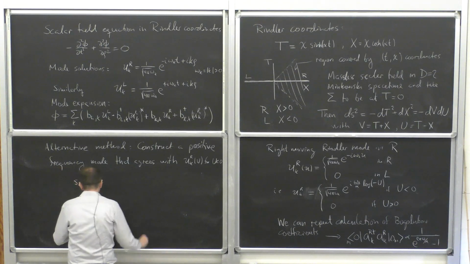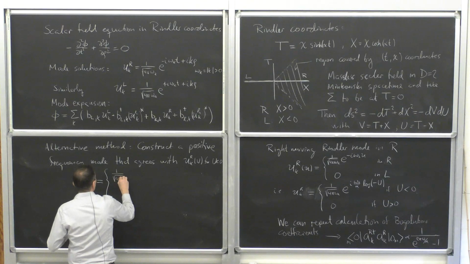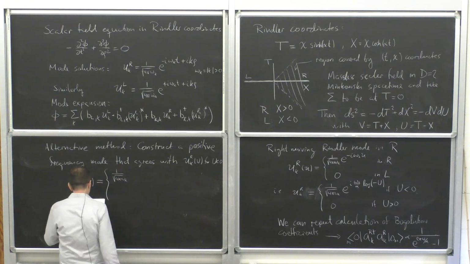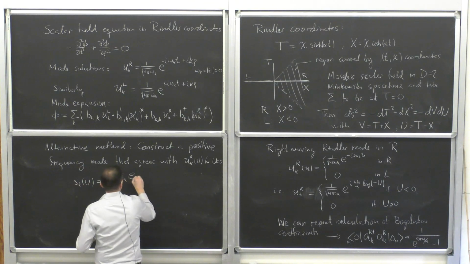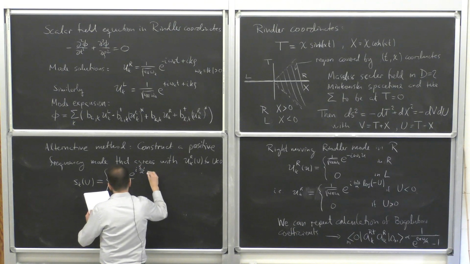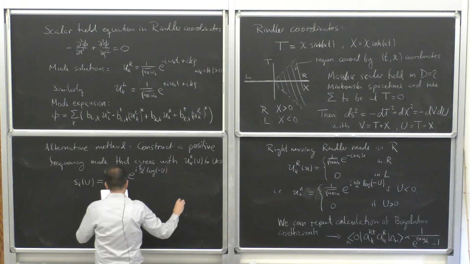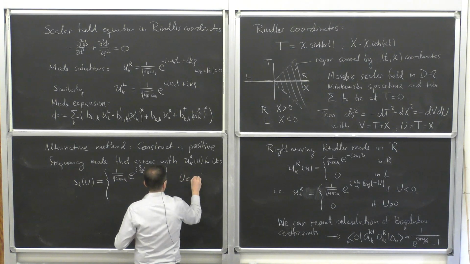It turns out what you need to do is the following. You have your 1 over square root of 4 pi omega k, then we said we had e to the i omega over alpha log of minus u if u is less than 0.